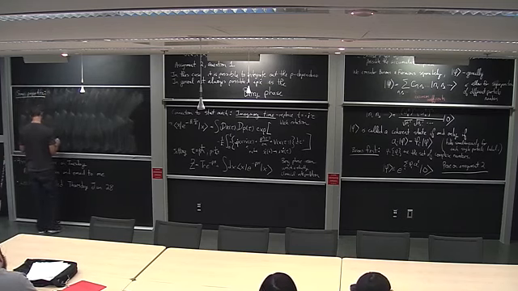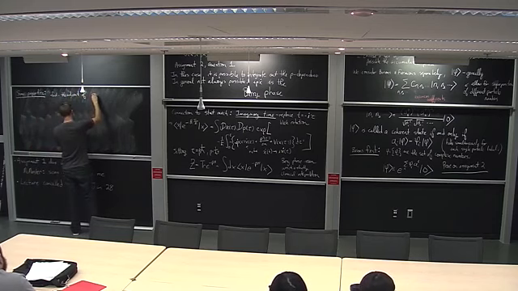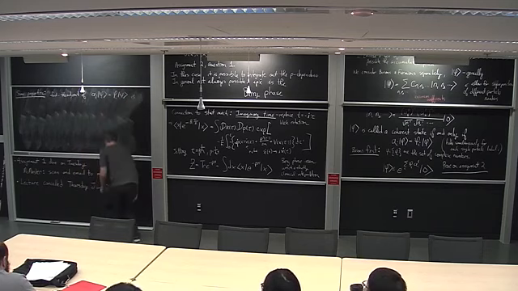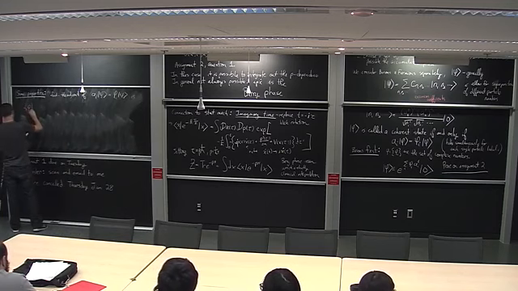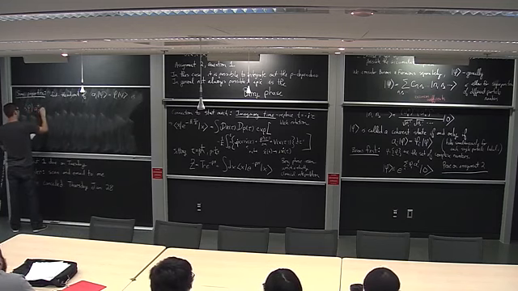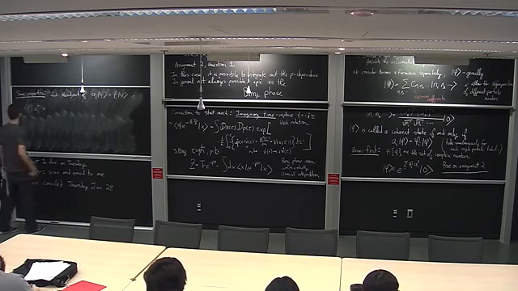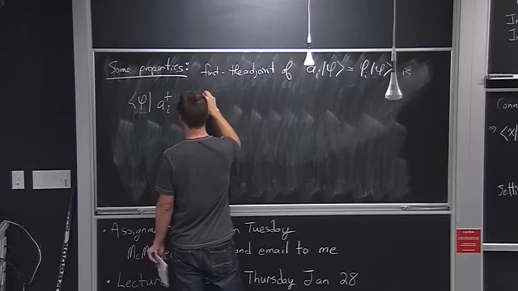First off, the adjoint can just be calculated from applying the adjoint of A, which is A dagger, backwards on the ket, if you will.